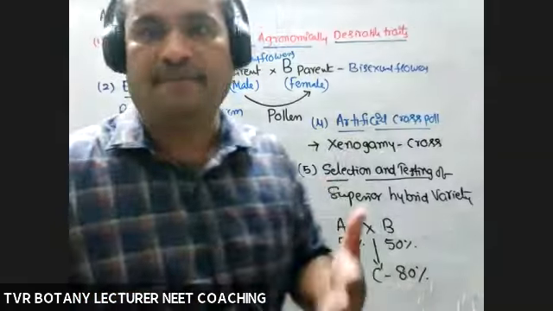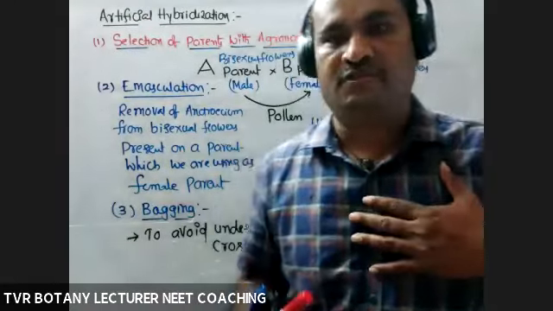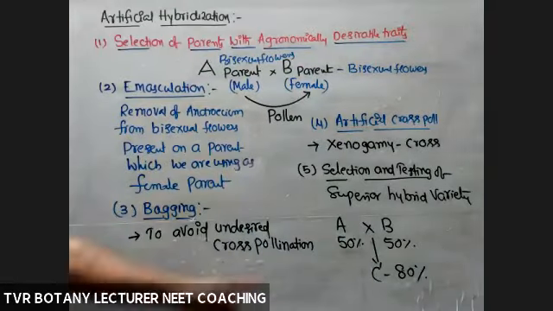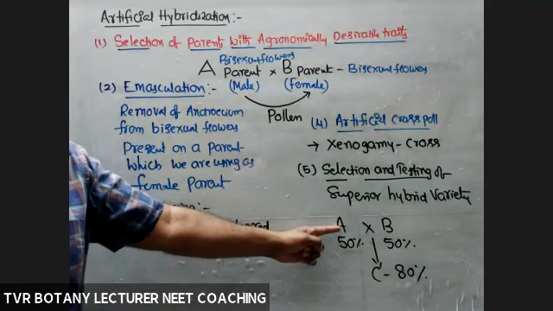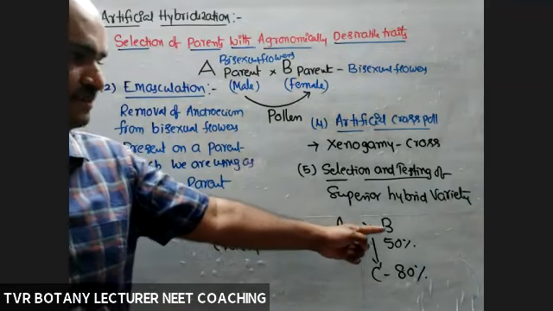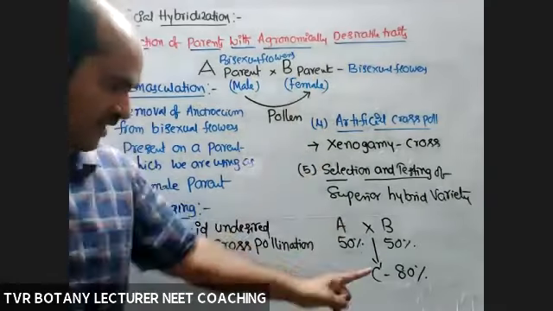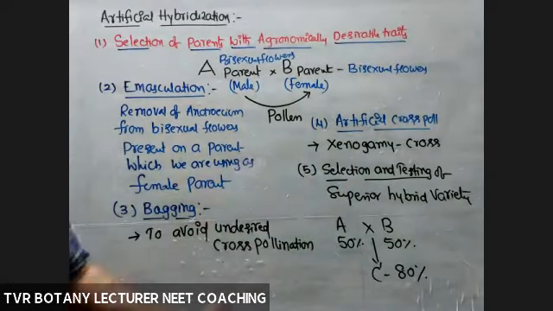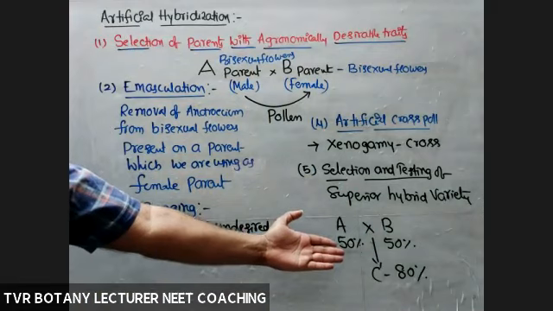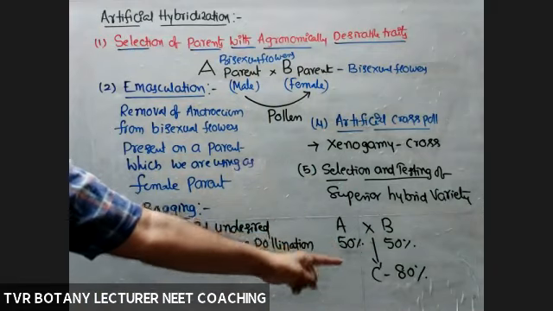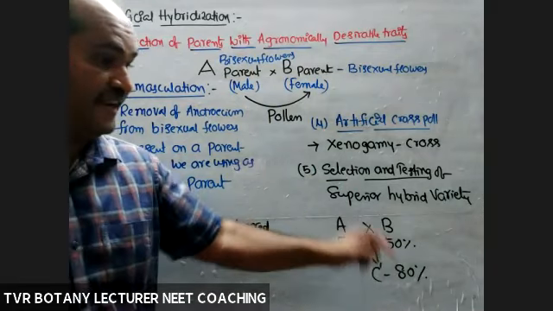As a plant breeder, what is our objective? To bring the maximum number of desirable traits present in both the parents into a single variety. C is one variety having how much percentage of agronomically desirable characteristics? 80%.